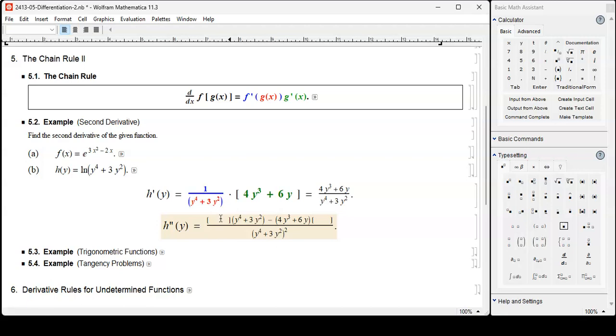Okay, u prime, what's the derivative of the numerator? 4y cubed, so that's 12y to the second power plus 6. Did I get the derivative computation correctly? Next, v prime. So what do we have here? 4y to the third power plus 6y. So that's the derivative computation of the denominator here.